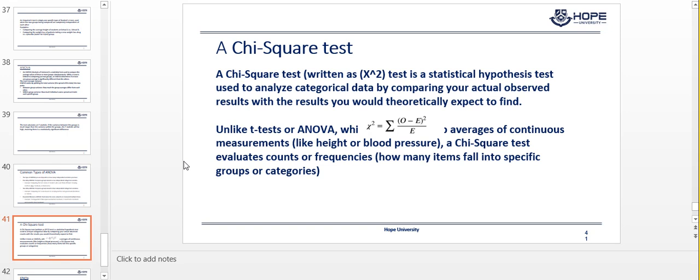Chi-square is a statistical test used to analyze categorical data by comparing actually observed results with the results you would theoretically expect.